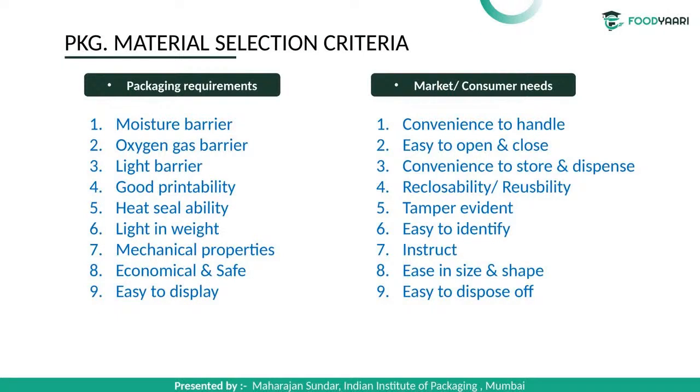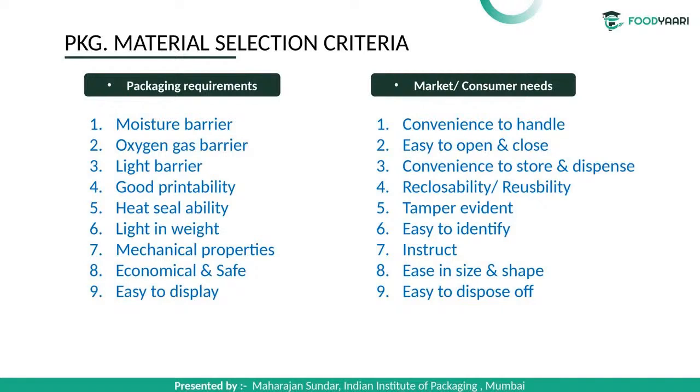The packaging requirements, out and out. Once we are packaging a material, for example biscuit, it should be crisp when we consume at the end. To maintain the crispiness, what are the things we have to maintain?